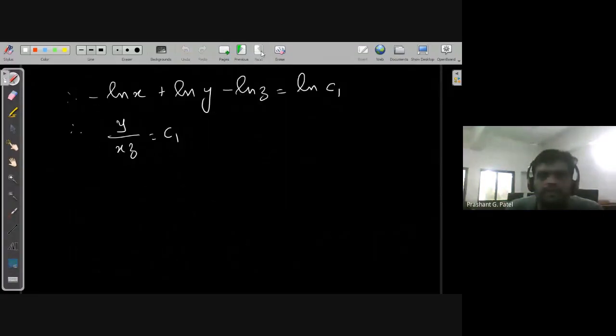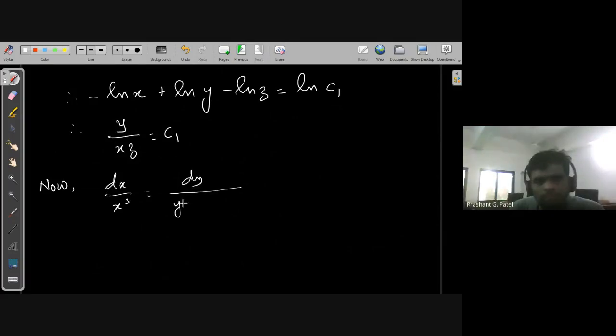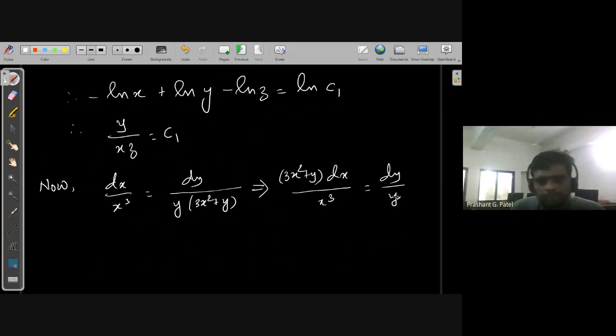So let's see this. Now we can do this. dx upon x cube is equal to dy upon y into 3x square plus y. So this implies 3x square plus y dx upon x cube is equal to dy upon y.